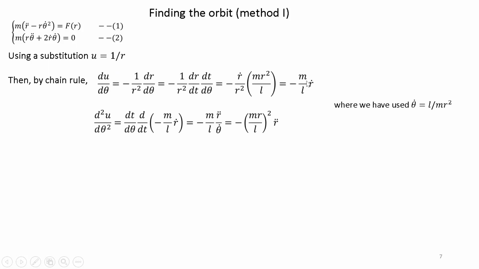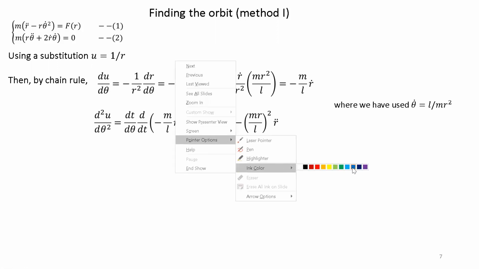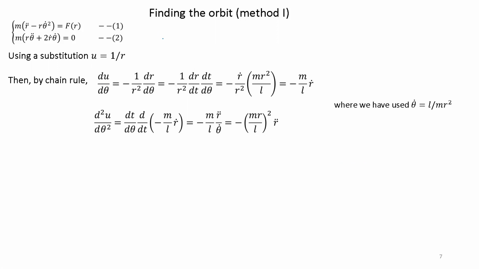Okay, so let me just focus on the first line. So this du d theta. So what is this du d theta? du d theta, if I use chain rule, is du dr dr d theta. Okay. And this du dr is d dr of 1 over r.